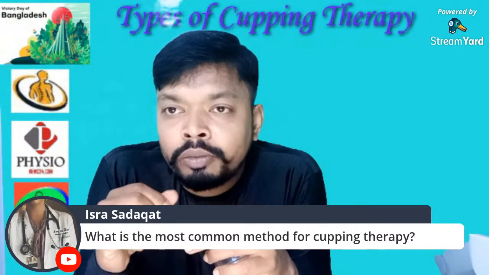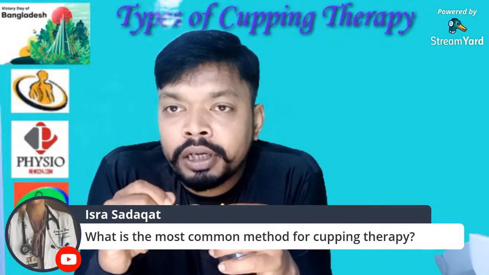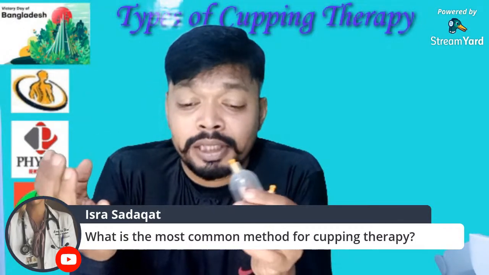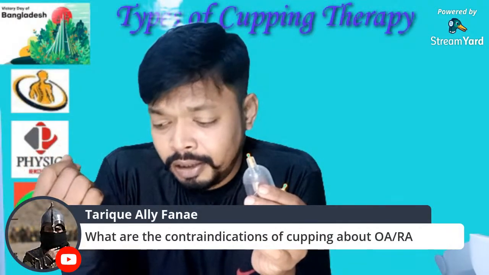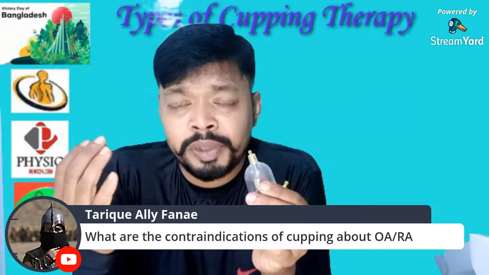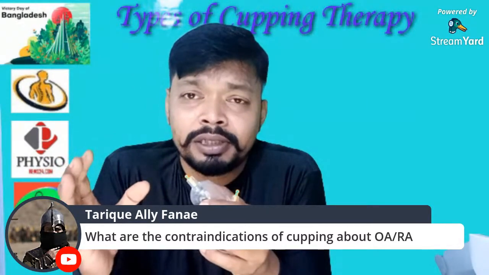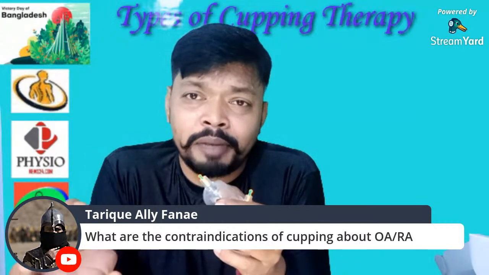So what is the most common method for cupping therapy? There are a lot of methods already. I have mentioned there are 10 kinds of theories behind it, and we depend especially on the time of the cupping and the method of the cupping.